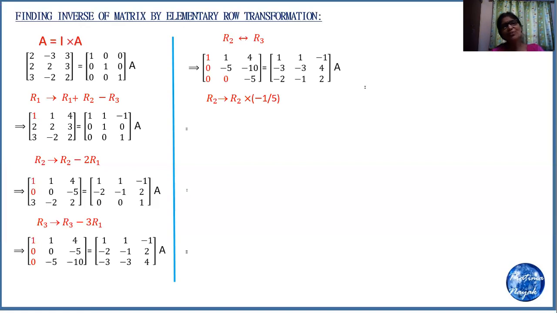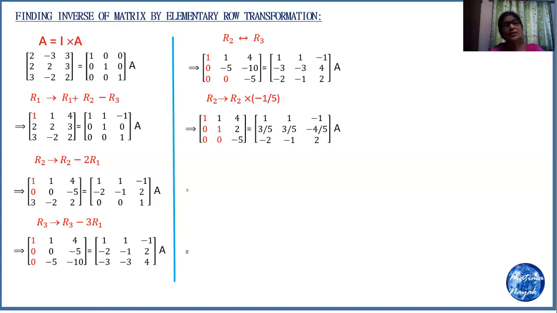Next I'm doing R2. I'll multiply with minus 1 by 5, as I showed in the first how we are changing. So 1, 0, 0, 0, then minus 1 will be converted to 1. How? I'll multiply with minus 1 by 5. So minus 5 multiplied by minus 1 by 5 will become 1.